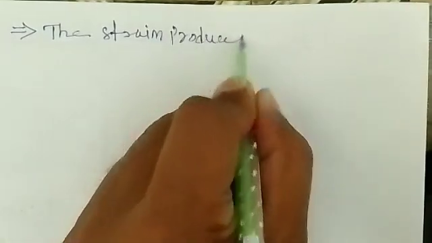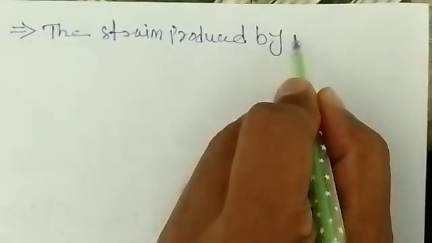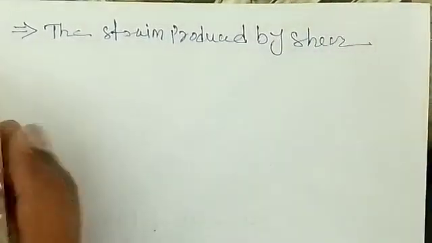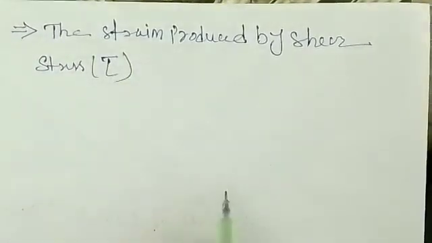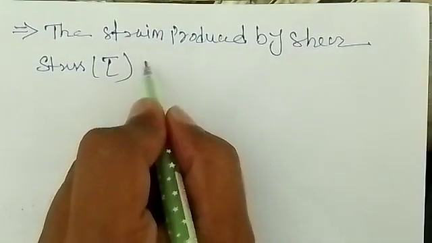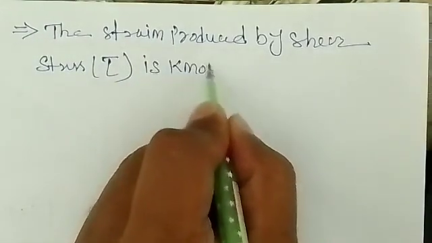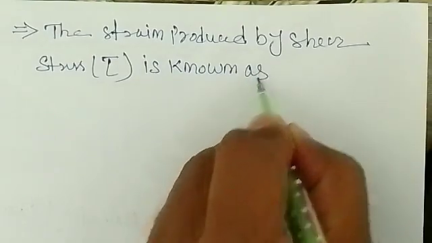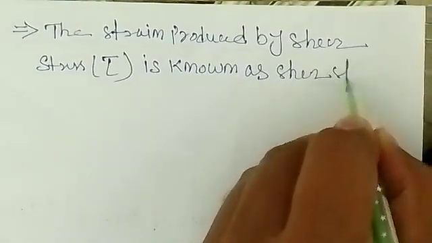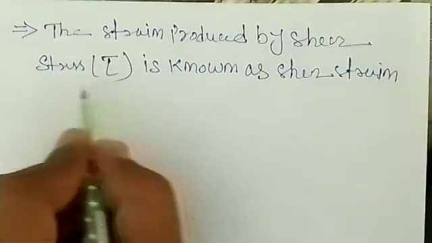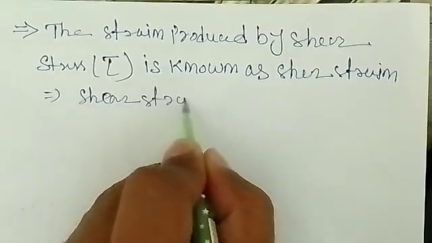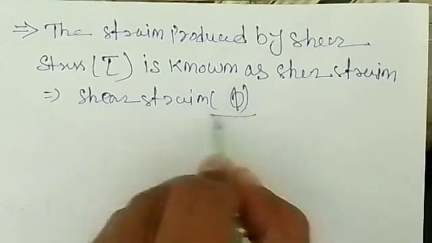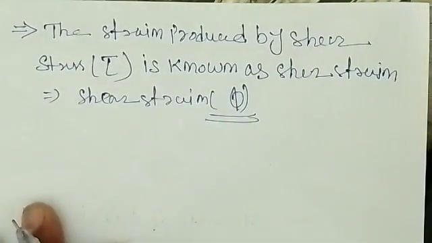Shear stress you are denoting by tau, and the strain produced by shear stress is known as shear strain, and your shear strain is denoted by phi. That is, the strain produced by the shear stress is known as the shear strain.